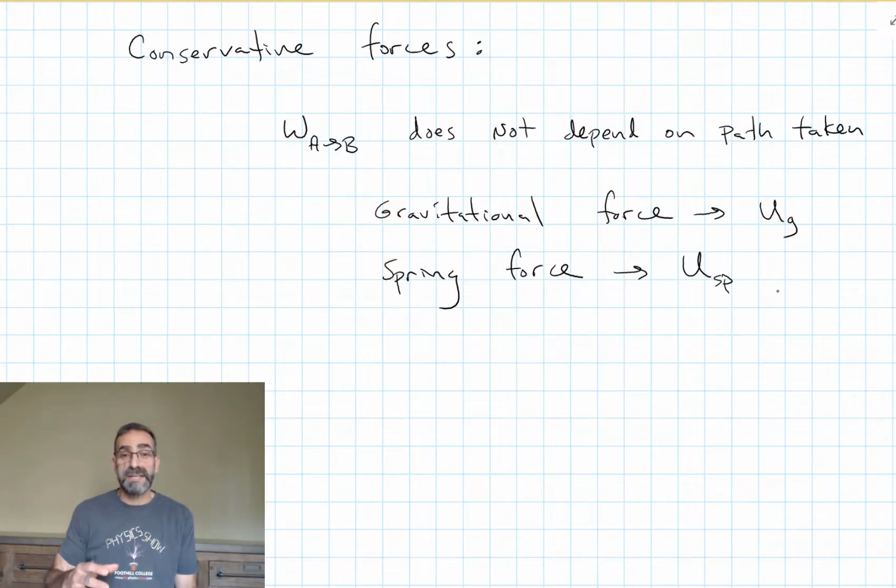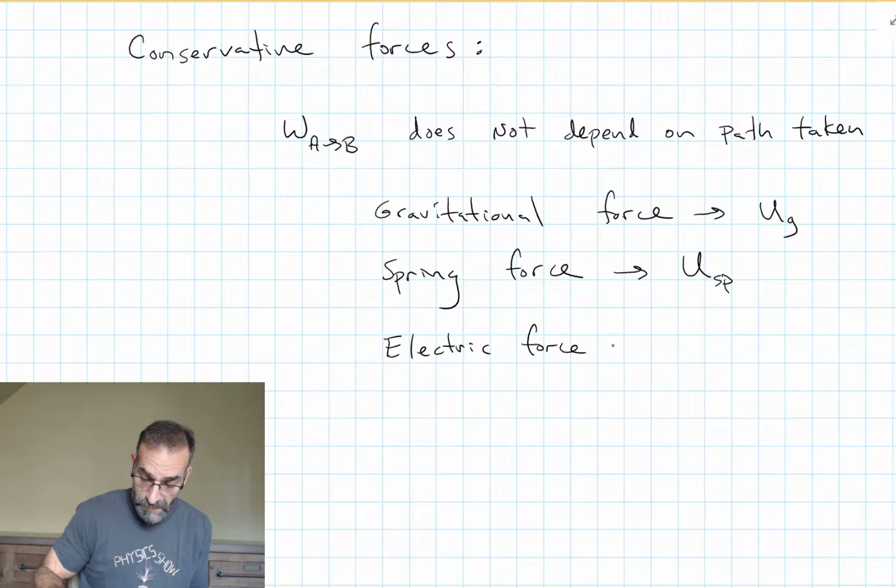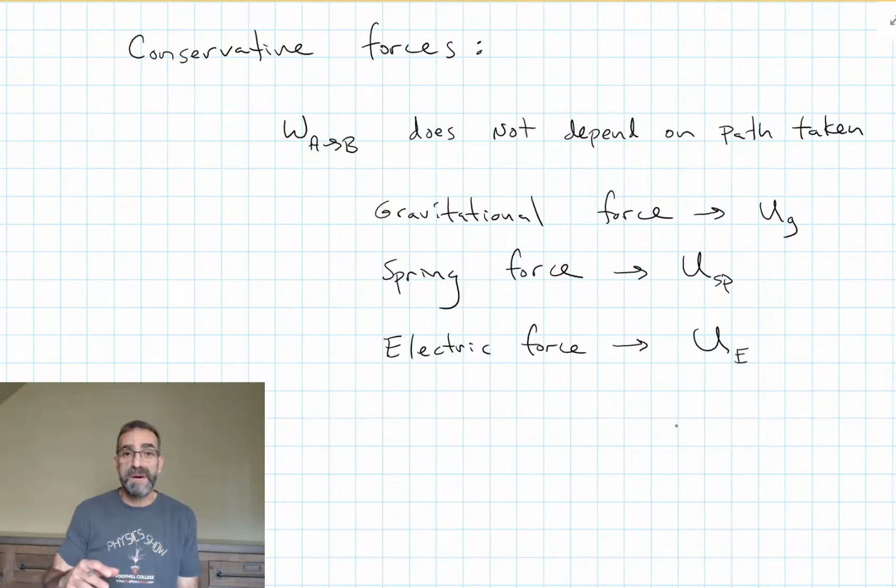Our spring potential energy term, our gravitational potential energy term. And now we're getting our third conservative force, the electric force. So we can come up with a potential energy for our electric force and use that in energy equations the same way we did when we had gravitational potential energy or spring potential energy. We can now have energy stored in our system because of electric charges interacting with each other.